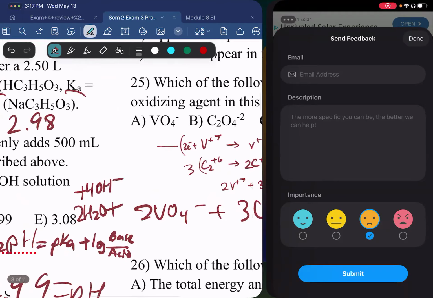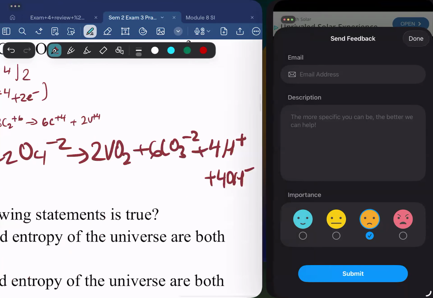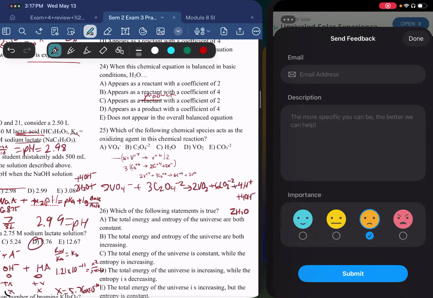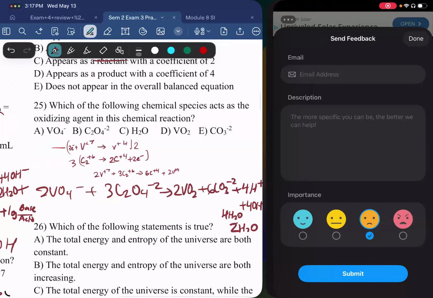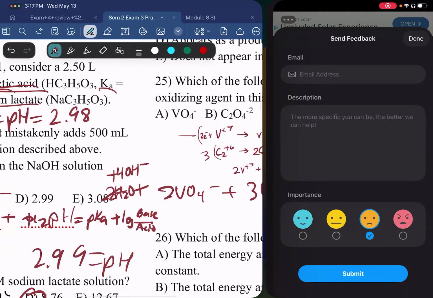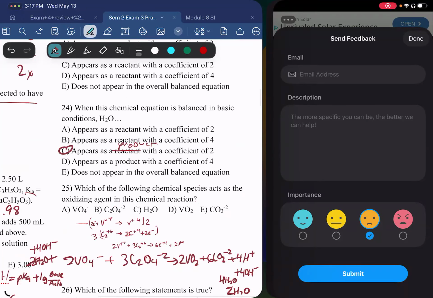You can see here that the waters will cancel out. So there's going to be 2H2O as a product because there's going to be 4 waters on the right, and then that cancels out with the 2H2O here on the reactant. As a result, you're going to have choice C, where it appears as a product with a coefficient 2.